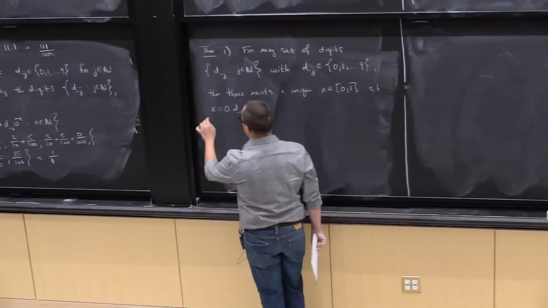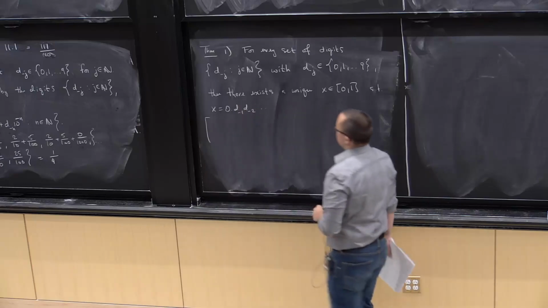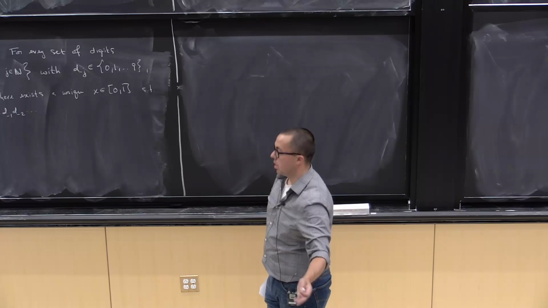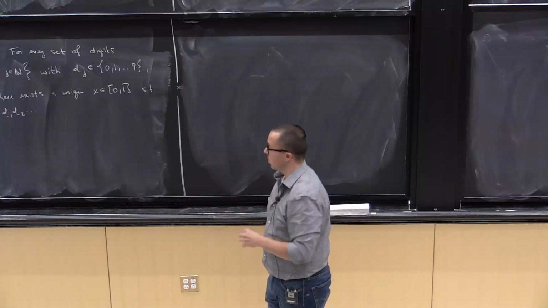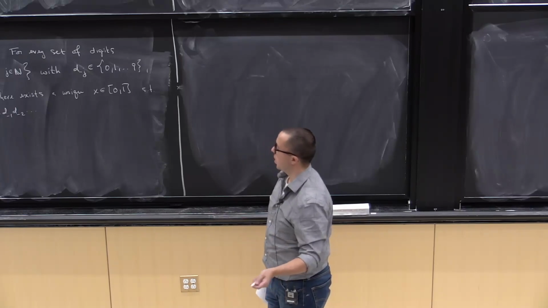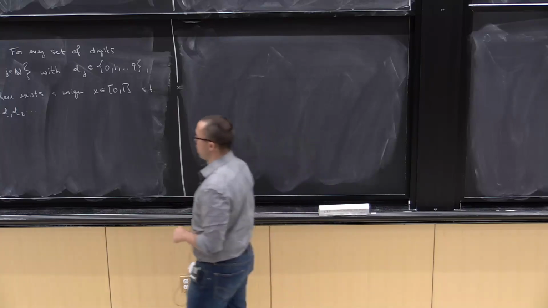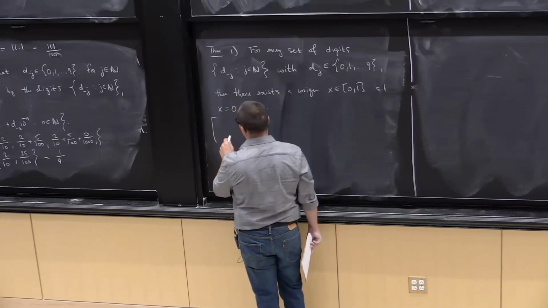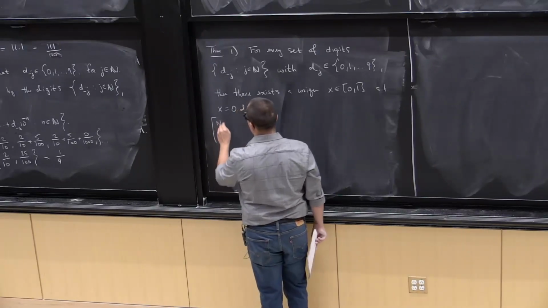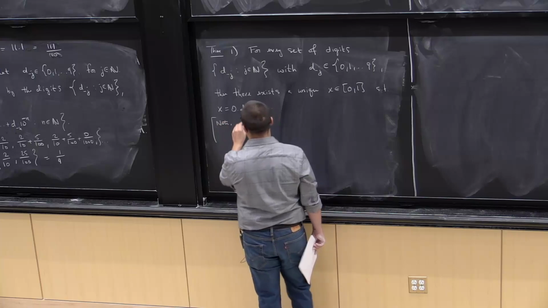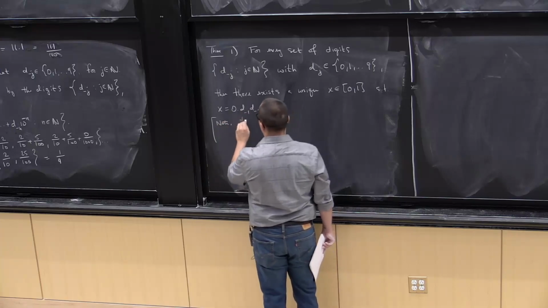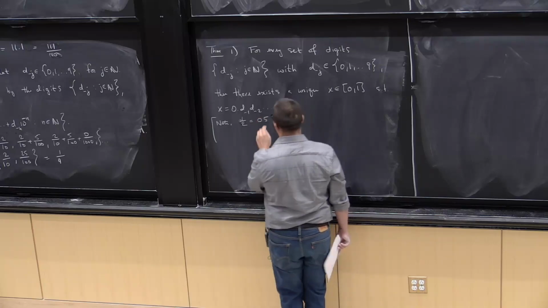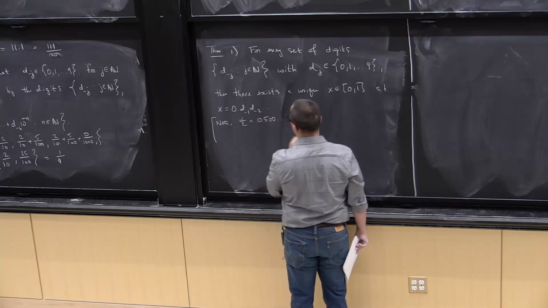Now, before I state the second part of the theorem, this says that I give you digits, I get a unique real number. Now, you ask about the other direction. If I have a real number, do I get a unique set of digits? And of course, that is not true necessarily because, for example, 1/2, this is equal to 0.5, 0, 0, and so on.